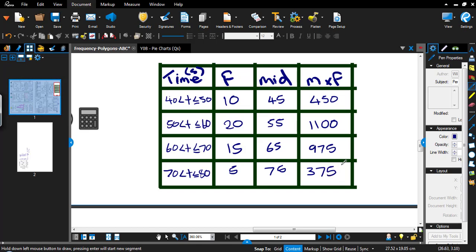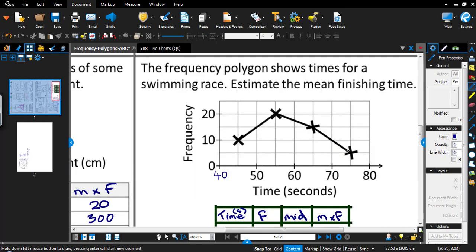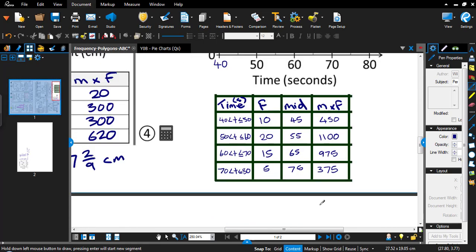What are they asking for? Estimate the mean, same thing, right? So we're going to get the total of these, 10 plus 20, so just do it. Total. Okay, 10 plus 20 is 30, 45, 50. Nice number.